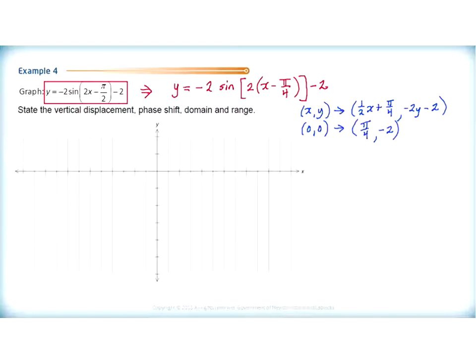In order to sketch this graph, I recommend that we start off by graphing the sinusoidal axis. The sinusoidal axis here passes through y = -2. So let's put that horizontal line in.